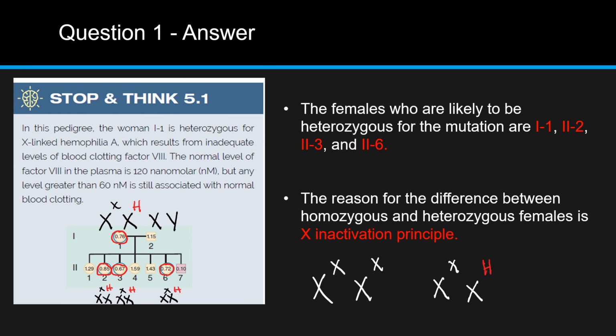Right now, I just want to remind you that we were able to answer the first part of the question. We found the reason why: the X inactivation principle. The X that gets inactivated can be the normal one or the one that is sick, and that can make a difference. In that way we can answer this question. If you have any doubt, just let me know.